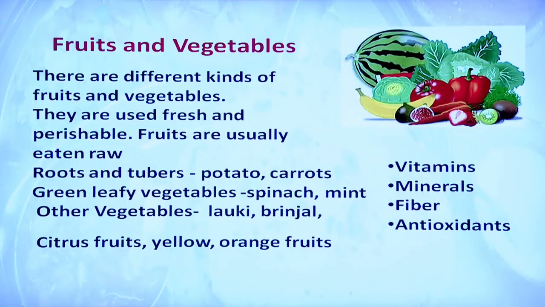Now, for the fourth food group we will talk about fruits and vegetables. Fruits and vegetables are an array of colors, an array of flavors, an array of textures. Why am I stressing on these?